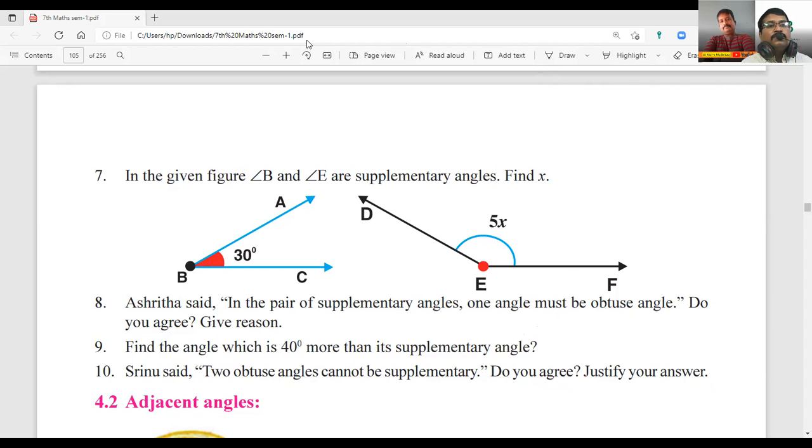So I'm going to stop the share. Okay. This is nothing but exercise 4.1 of 7th class mathematics. I completed exercise 4.1 and also the review exercise.